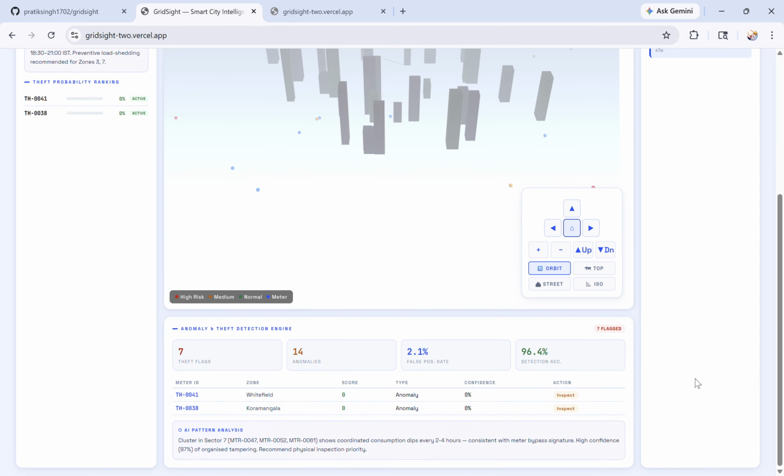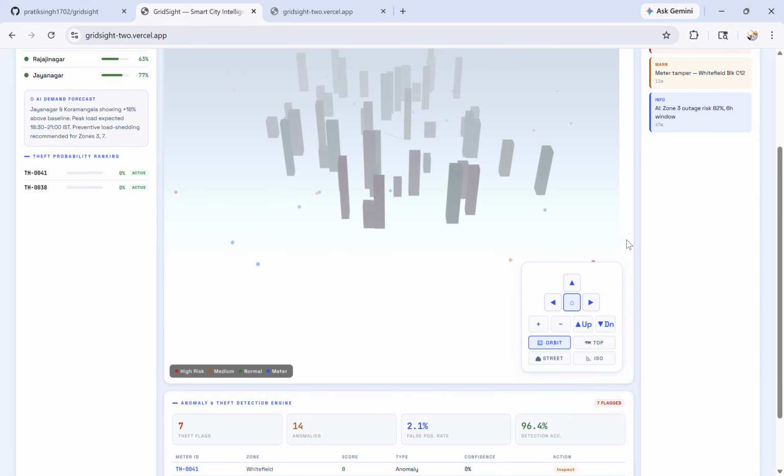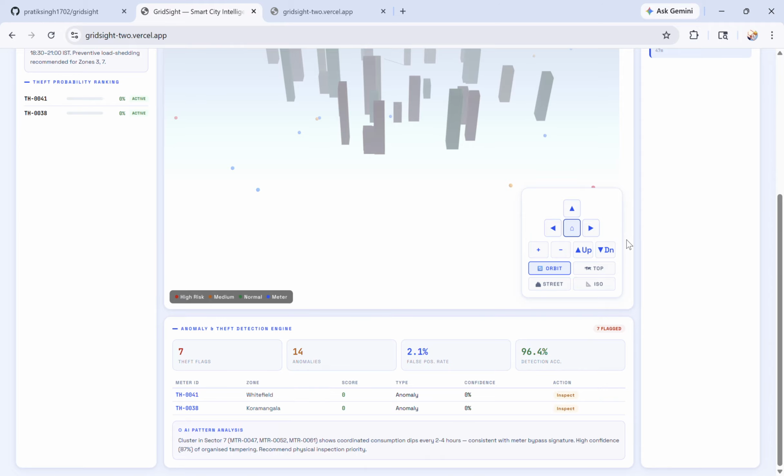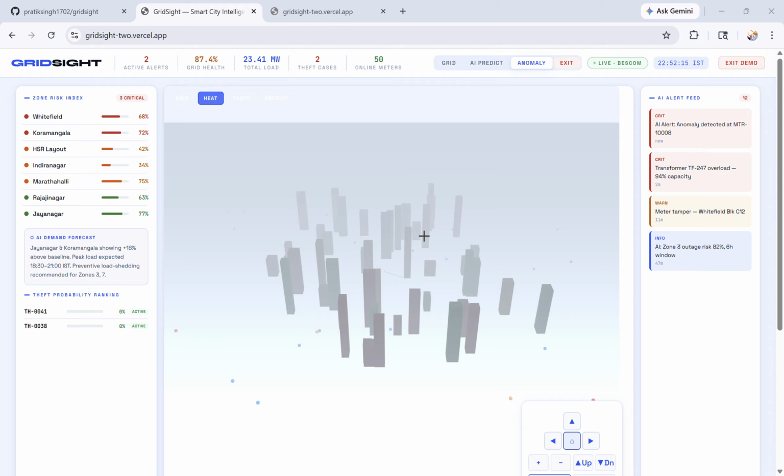And of course, we have anomaly flags, how many meters have been thefted according to our AI, and it will give the data to the learning model. Thus we can know in the upcoming future that these areas are more theft prone, so we can make changes further.